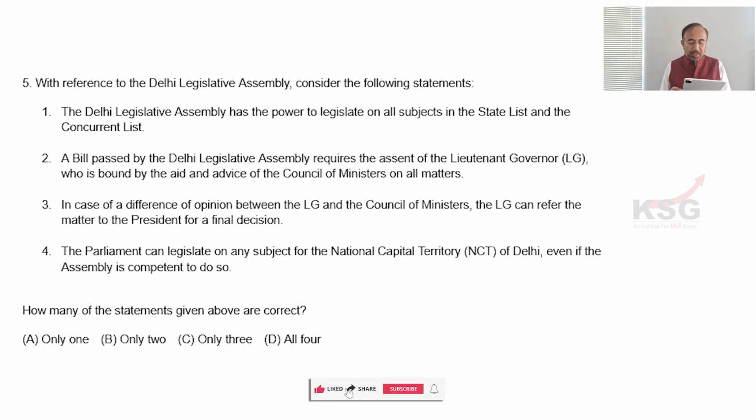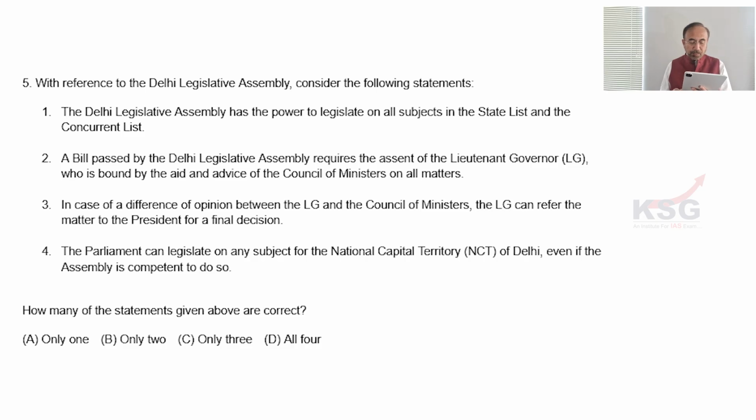With reference to the Delhi Legislative Assembly, consider the following statements. Article 239AA has been a favorite area for PT. You have to be very careful about it. And it is always so much in the news. First, the Delhi Legislative Assembly has the power to legislate on all subjects in the state list and the concurrent list. Second, a bill passed by the Delhi Assembly requires the assent of the Lieutenant Governor, who is bound by the aid and advice of the Council of Ministers on all matters.